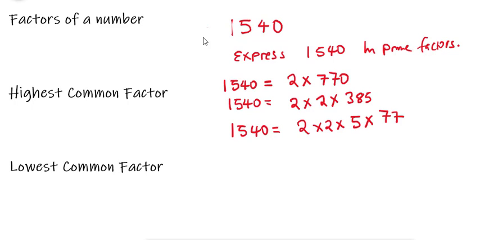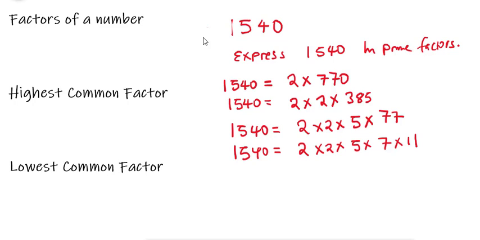Then I'm going to look for the next available number that can divide that, which is 7. So I can say 2 times 2 times 5 times 7 times 11. At this point, this number cannot be divided any further by any other number, and as such, we are going to leave it like that.